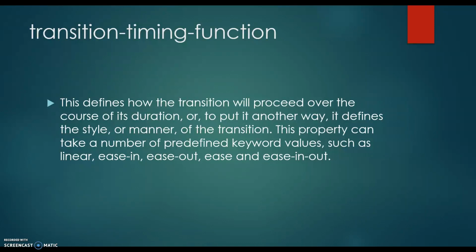Ease out, it starts fast and slows down to the end of the transition. Ease is a slow start and it gradually builds. And ease in out is similar, but it's a sharper acceleration in the movement.